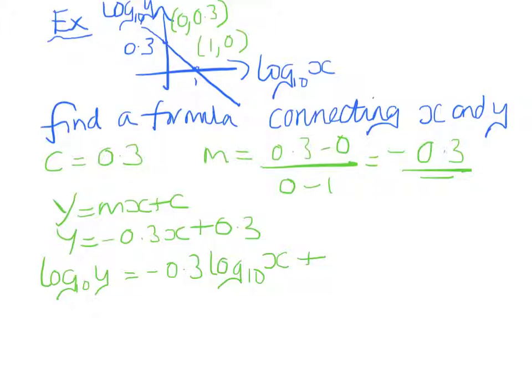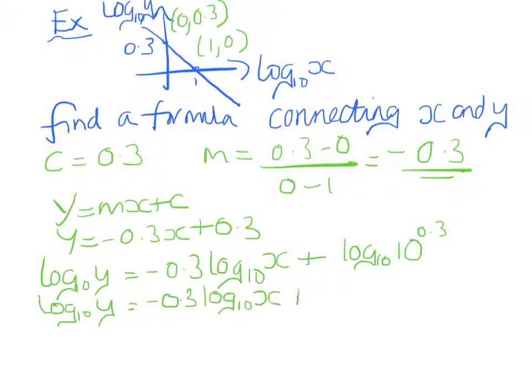Now, I want everything to be in log base 10, so I'm going to convert this 0.3. That's going to be log base 10 of 10 to the power of 0.3. So the first thing that I'm going to do here is evaluate that 10 to the 0.3. And I get log base 10 of y is negative 0.3 log base 10 of x plus log base 10 of 2, because 10 to the power of 0.3 is 2.